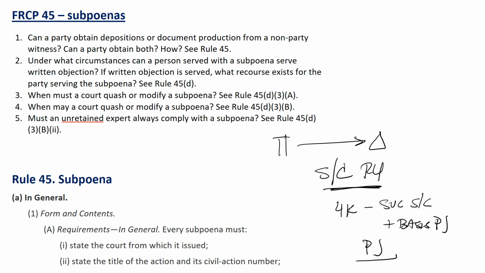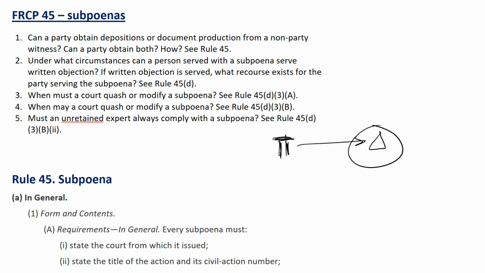The court's going to have PJ over that defendant. Of course, the plaintiff doesn't have to be served. There doesn't have to be a basis for PJ over the plaintiff because the plaintiff, by filing the suit, is normally submitting itself to the personal jurisdiction of the court.